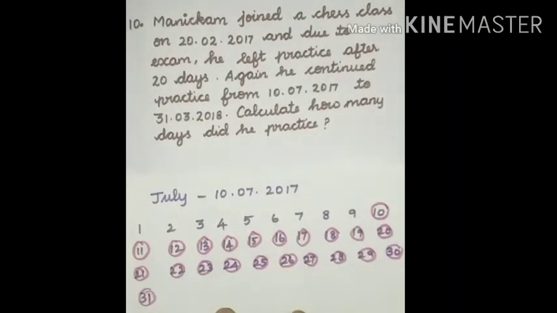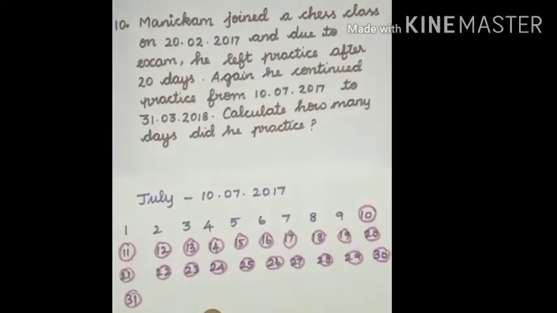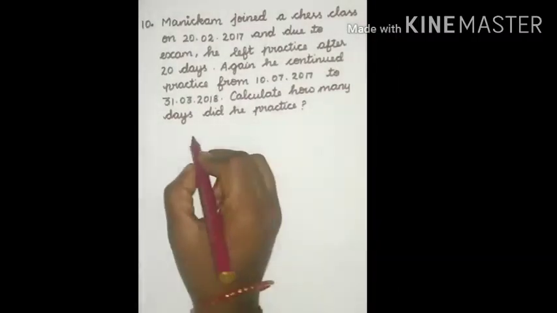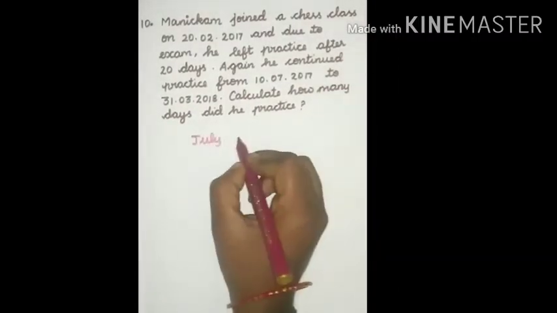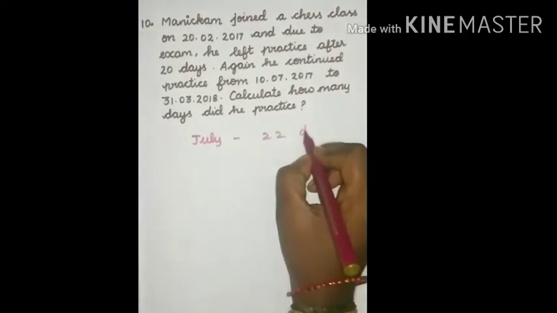So in the month of July, he practiced 22 days. The total number of days in July month is 31. From that, he practiced 22 days. So in July month, he practiced 22 days.